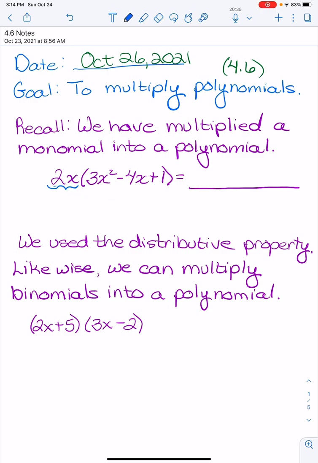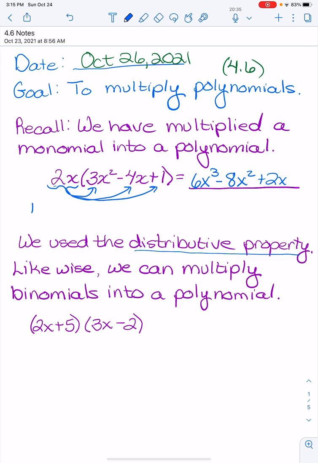So 2x times 3x squared is 6x cubed. 2x times negative 4x is negative 8x squared. And then 2x times 1 is plus 2x. So that is using the distributive property, and we are adding our exponents with the variable and multiplying those coefficients.